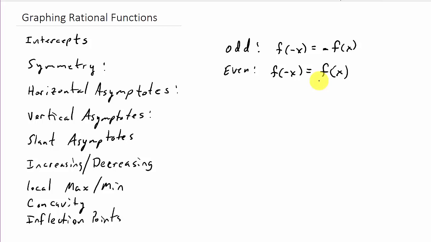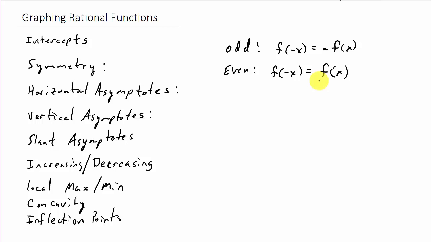And then we've got horizontal and vertical asymptotes. To find your horizontal asymptotes, you just take the limit of the function as x approaches infinity and as x approaches negative infinity. And if they approach a number, then your horizontal asymptote would be y equals whatever that limit was. I'll explain it more as I'm working through the problem. And then for vertical asymptotes, you want to look at the function and see where it's undefined, where the denominator is 0.